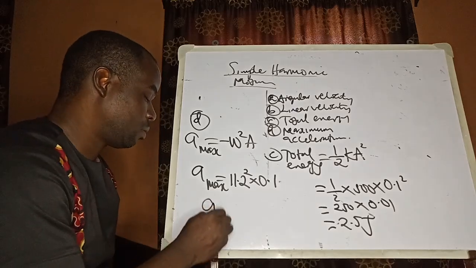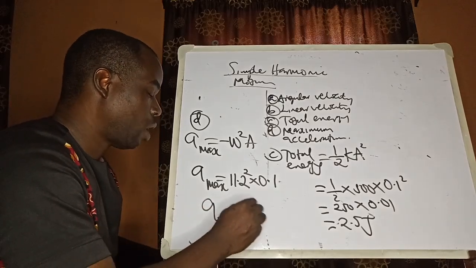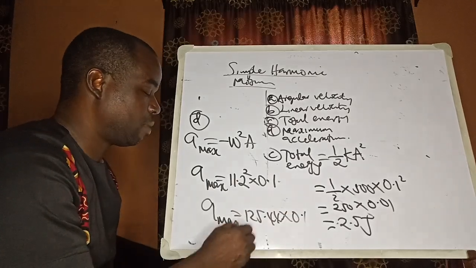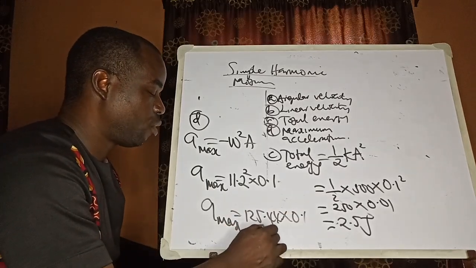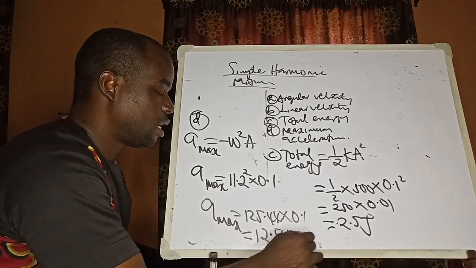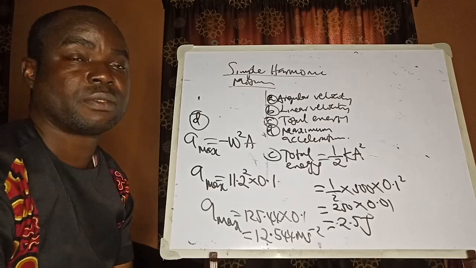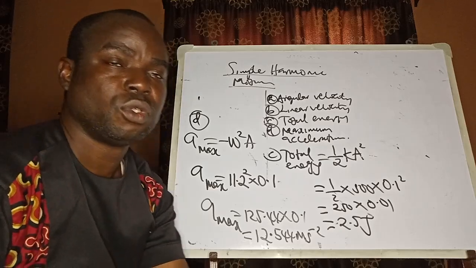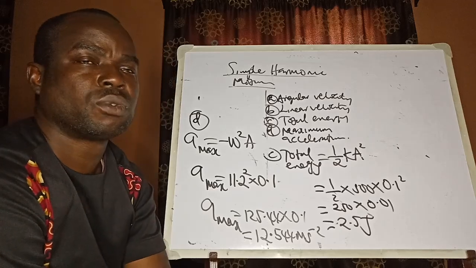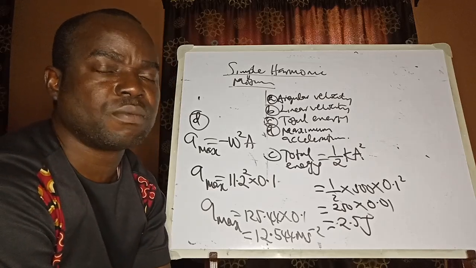So A max is 125.44 times 0.1. If you multiply them now, you have 12.544 meters per second squared. Is it clear?